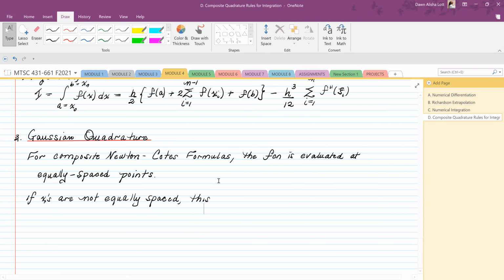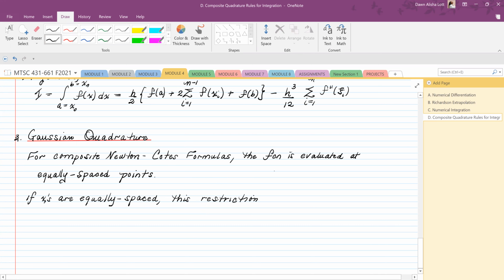If the xi's are equally spaced, this restriction can significantly decrease the accuracy of the approximation.